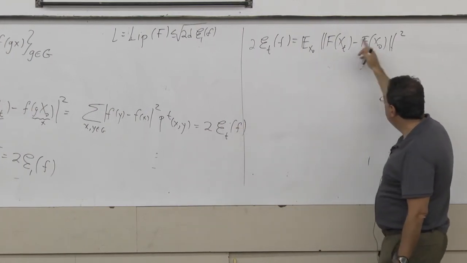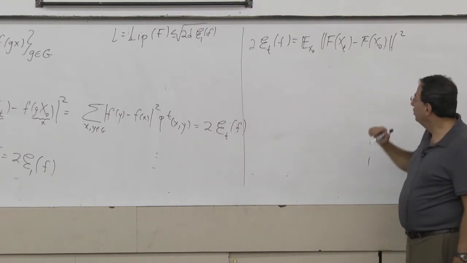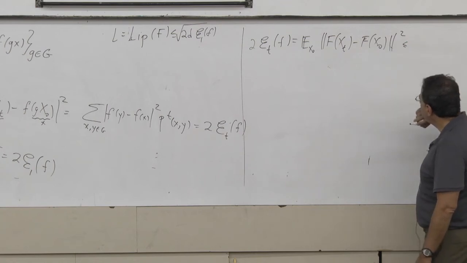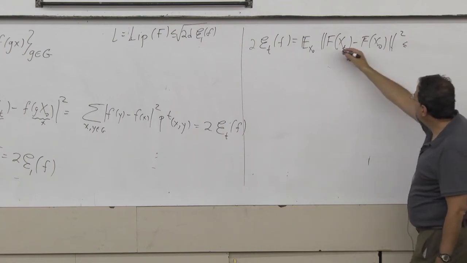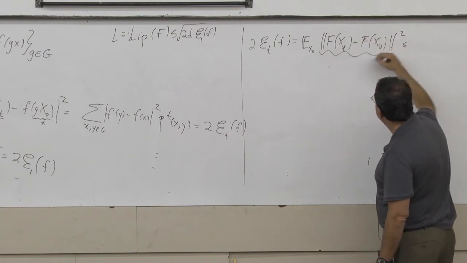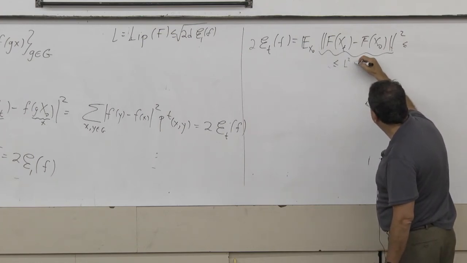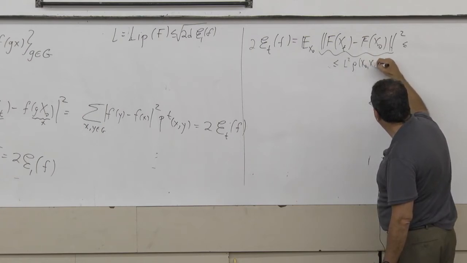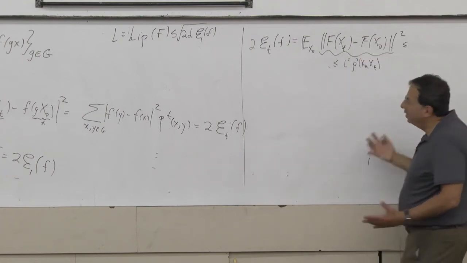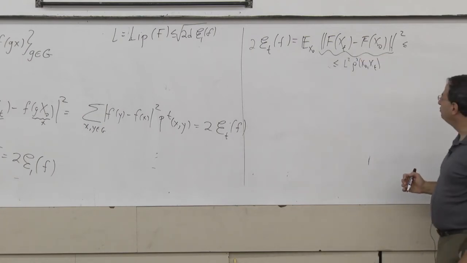But now we want to use this fact on the Lipschitz constant. So this is bounded by this: at most L squared times the distance between x0 and xt squared. Right? That's the definition of the Lipschitz constant.